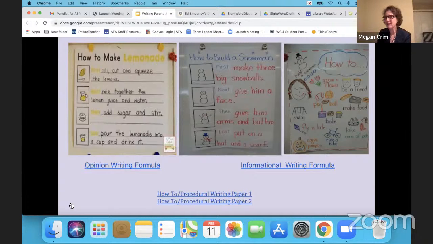And I really think strongly it's because of Einstein and the way that they've taught writing. But writing is kind of a formula. We just finished How to Writing, which is a form of informational writing. That's informational or facts. And there's a formula to that.